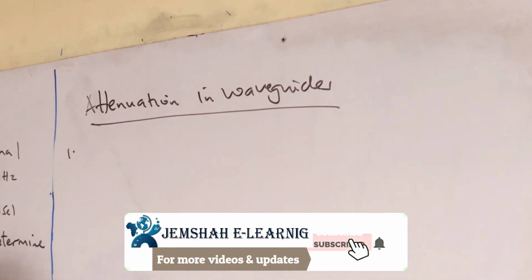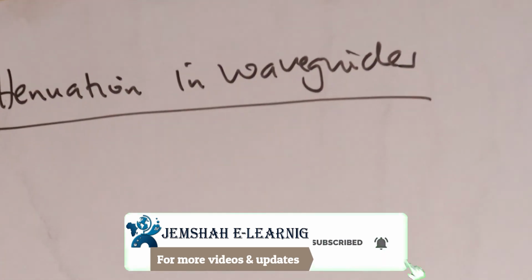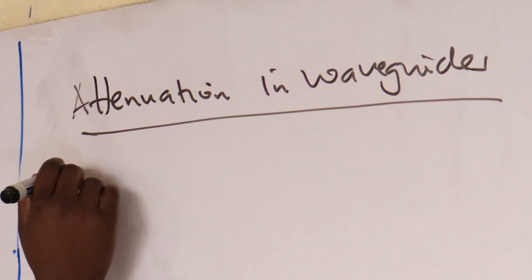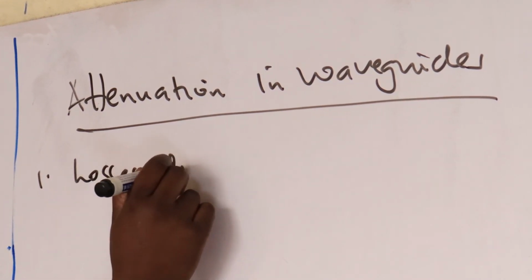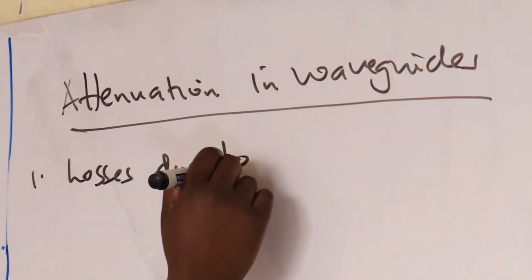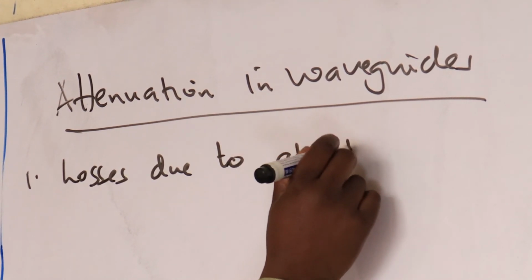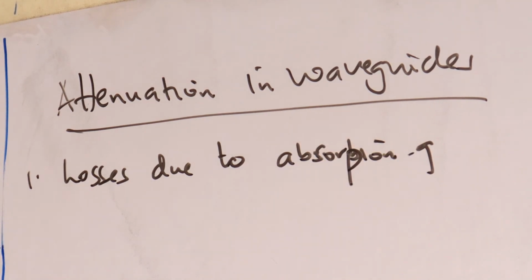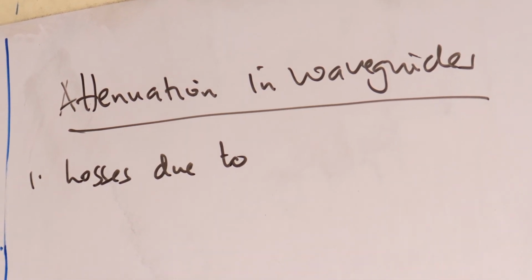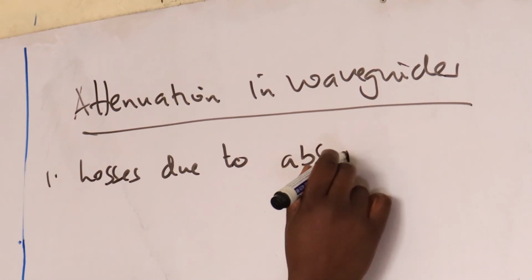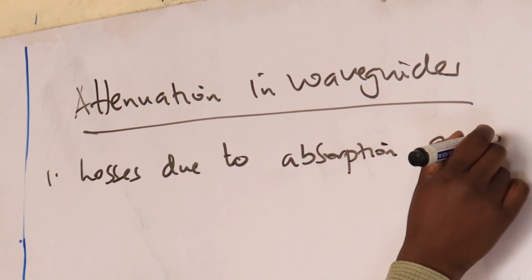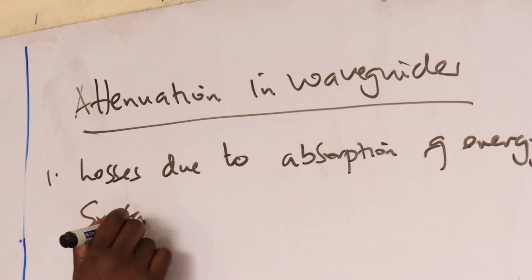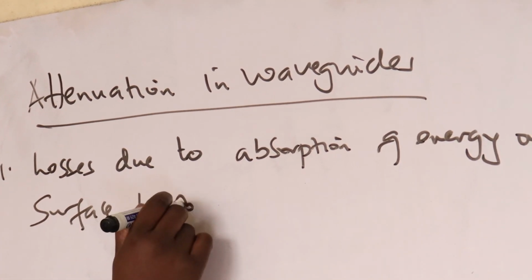Attenuation is the losses that occur in waveguides, and they are mainly due to two things. Number one, losses due to absorption of energy on the surfaces by obstacles.